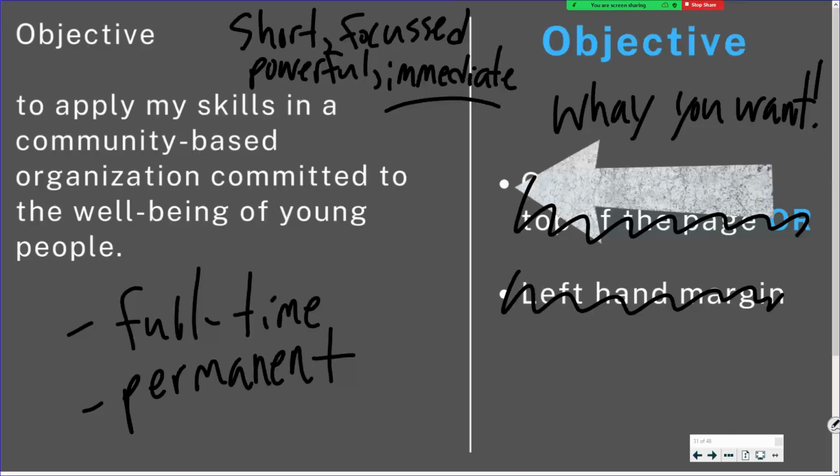That's the elevator pitch. You have to give them something short, focused, powerful. You've got to give them a hook, right? So you've got to be really specific, very focused. And this is kind of the answer to why do you want to work here? Well, the reason I want to work here is because I want to work with youth, and I want to use my skills in a community-based organization.